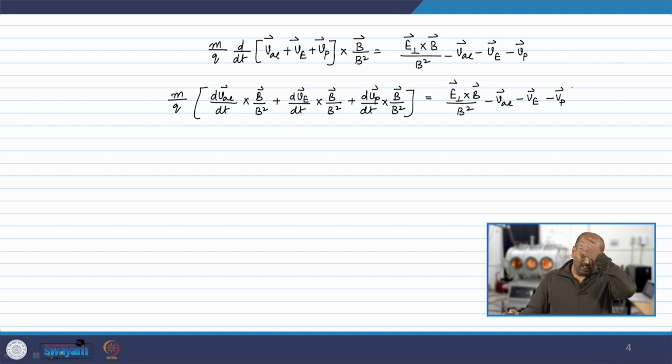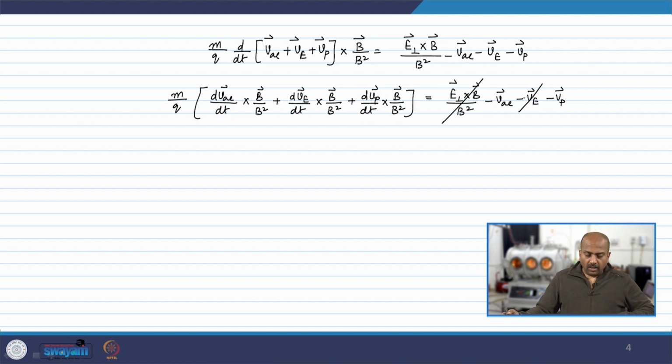Now we know that the E cross B drift velocity is equal to E cross B by B square. This is right. These two things will get cancelled because both of them are one and the same, right.